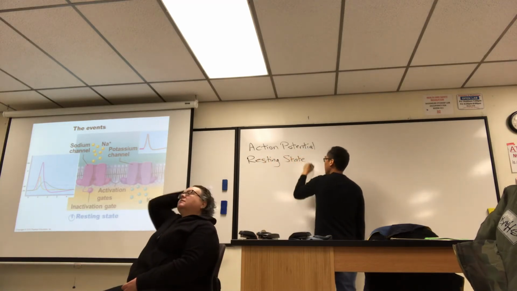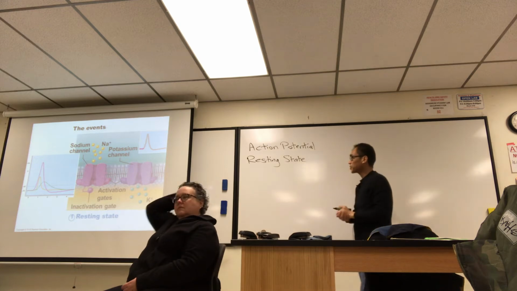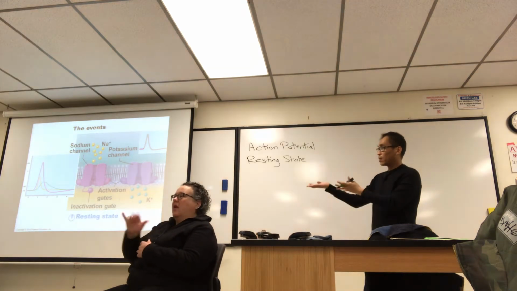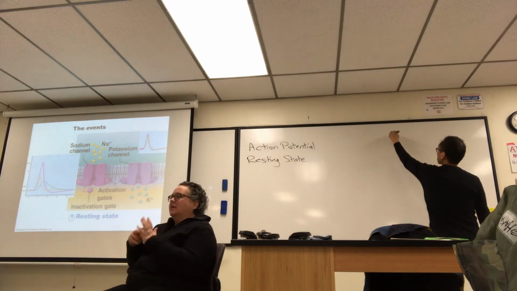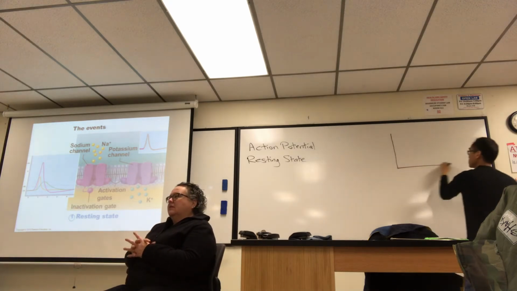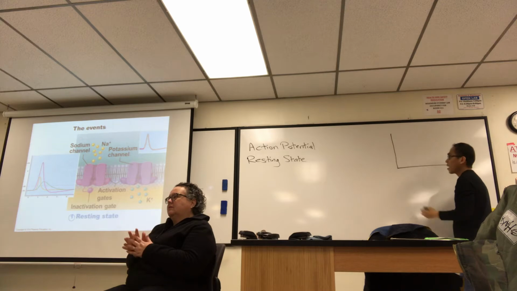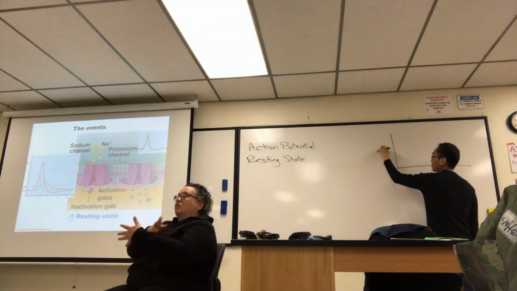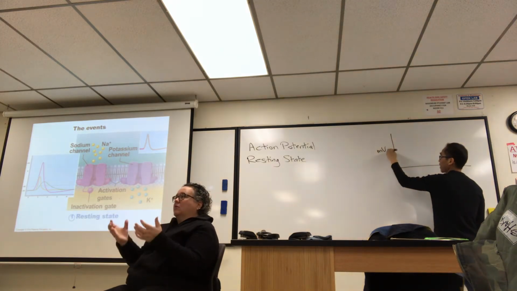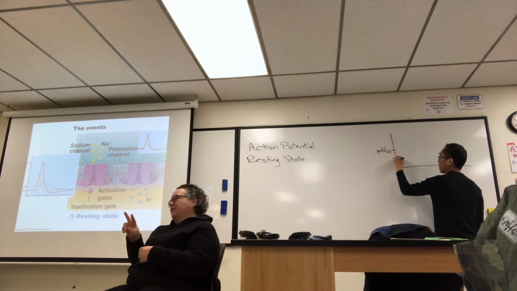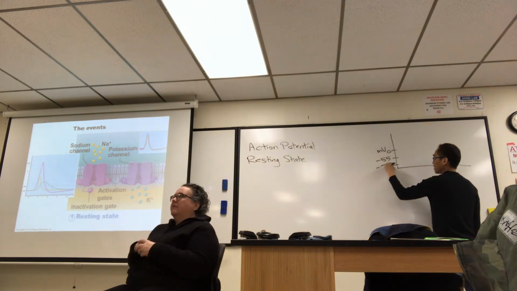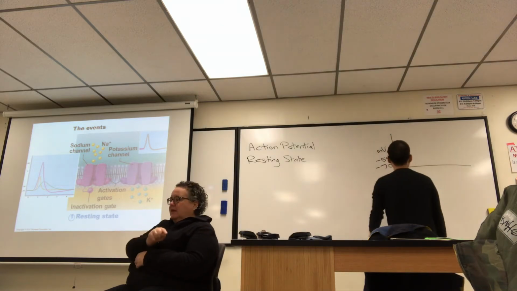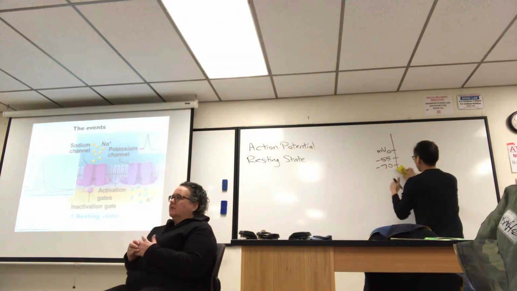In the resting state, that was a previous lecture. On a graph, if you're measuring millivoltage, that's 0, so we'll call that negative 55 and negative 70. Give some numbers to it.